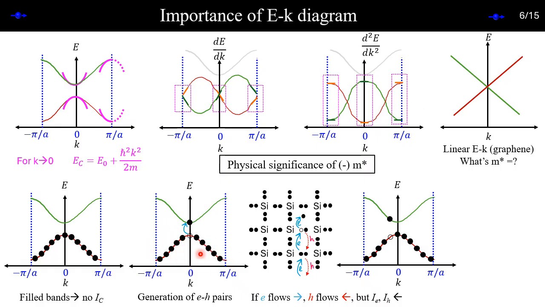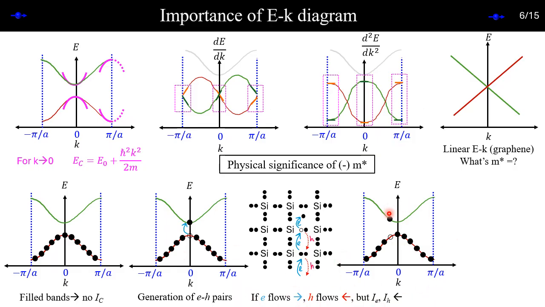In principle electrons can move, but plus k and minus k states always cancel. That means there is no resultant flow of electrons.